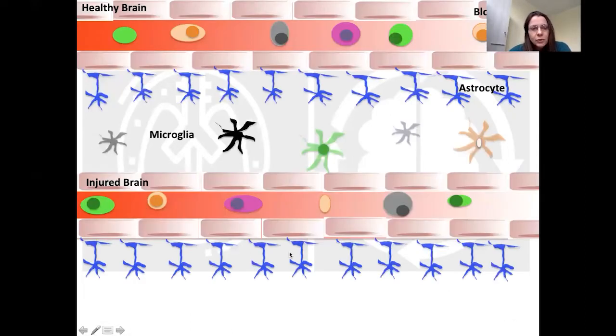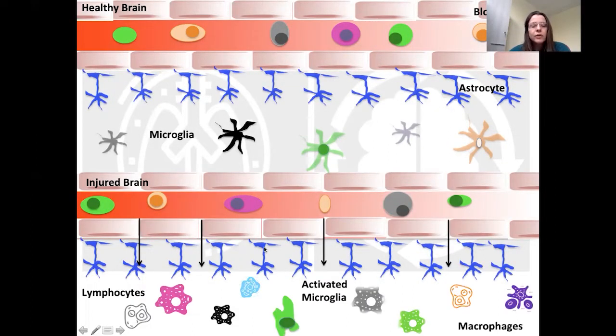And in particular, when there is an initial cerebral damage, what happens is that this is a normal healthy brain with the astrocyte and the microglia here. And when we are in front of an injured patient, there is a disruption of the tight junction with infiltration of the macrophage, of the microglia and lymphocytes at the level of the brain, and loss of protection between the brain and the vascular system.